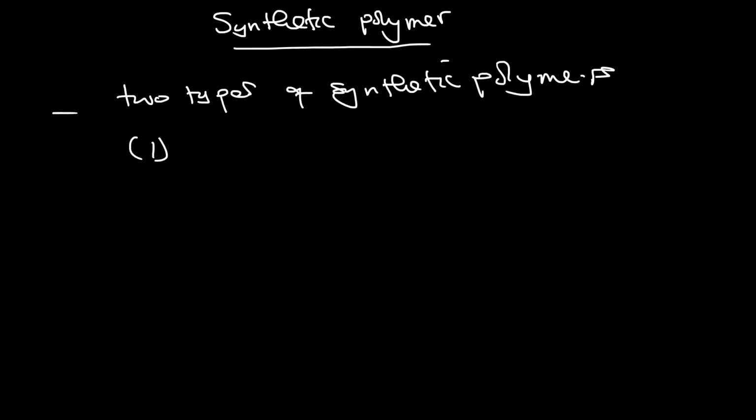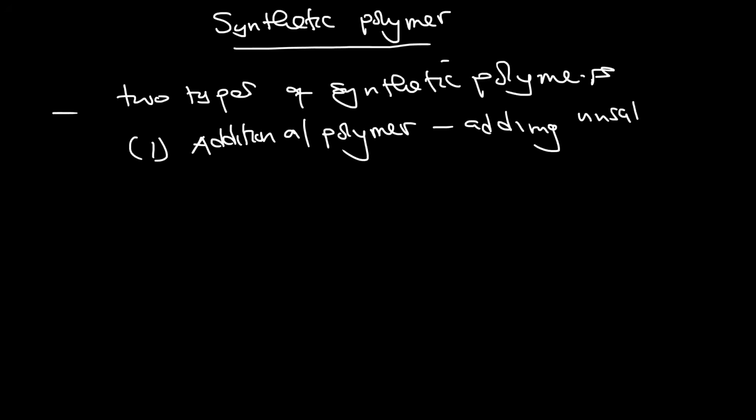For synthetic polymers, we are saying there are two, and we have what we call addition polymers. These are simply made by adding unsaturated compounds, or I can be specific and say by adding unsaturated molecules.